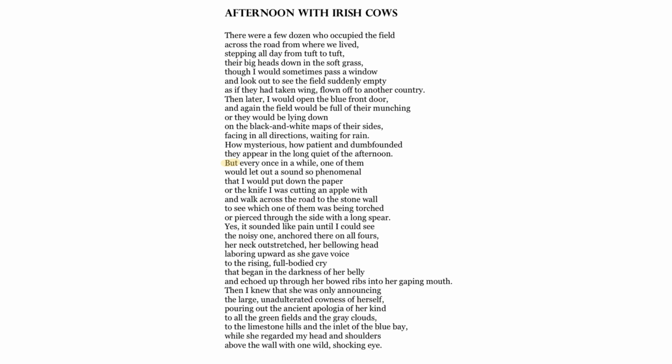So now we want to think about where the third section might come in. And if you skim down the poem again, you can see that at the start of one of the lines, we get a change in direction word, like a signpost when you're going along a road. So we go, "there were a few dozen", "but every once in a while". And then the last bit I would go for is, "then I knew, then I knew." So what we've got here is another direction change.